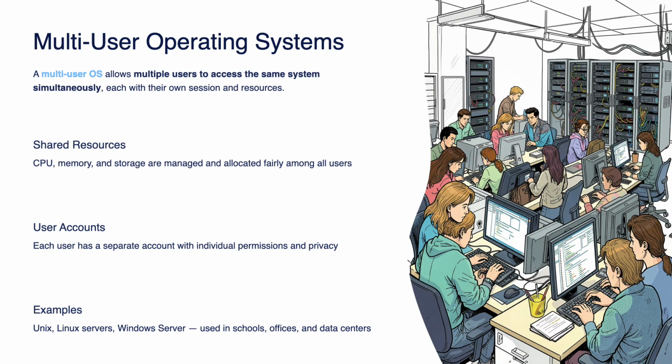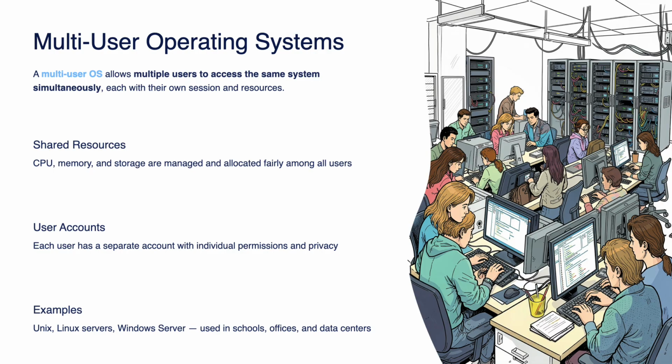This OS allows dozens, hundreds, or even thousands of separate users to connect to a single massive computer center at the same time. Each user logs into their own isolated user interface session with personal account permissions and privacy controls.